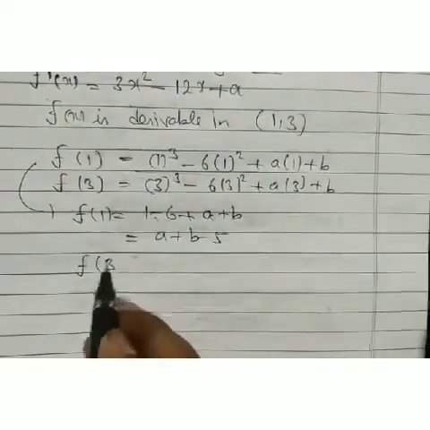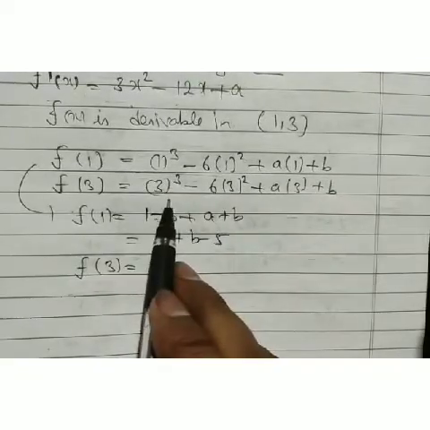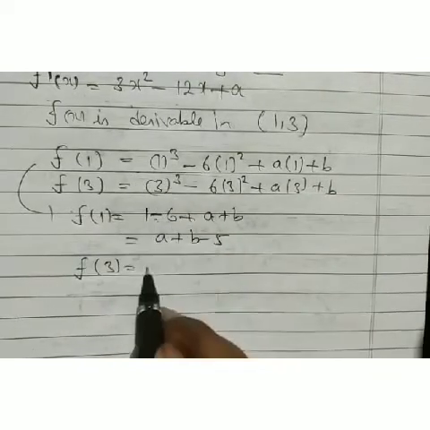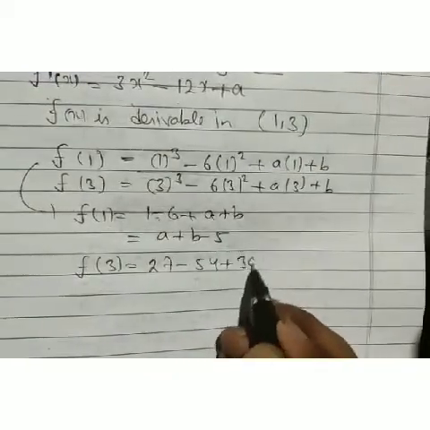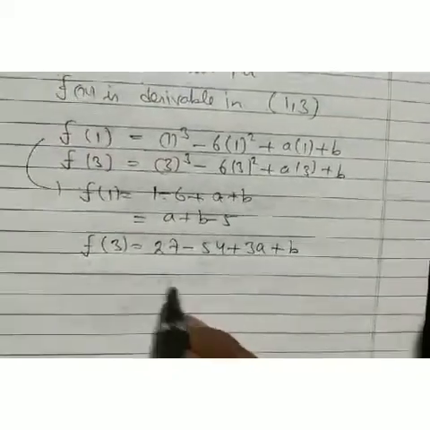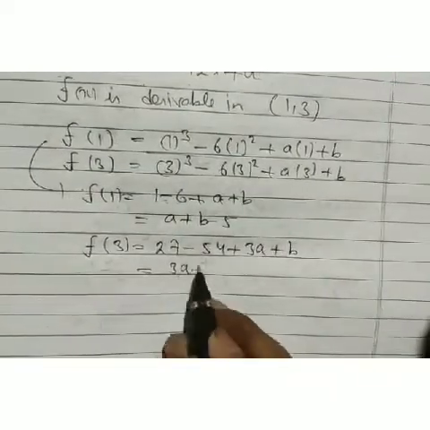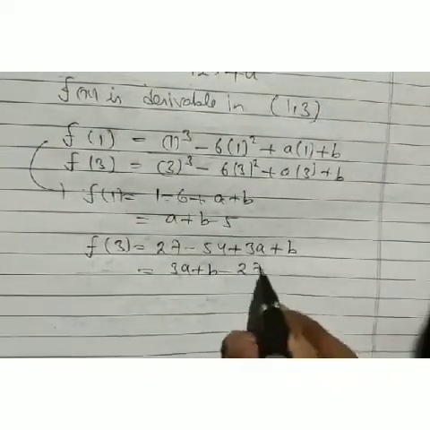Also, what is f(3)? f(3) is 27 minus 54 plus 3a plus b, which is 3a plus b minus 27.